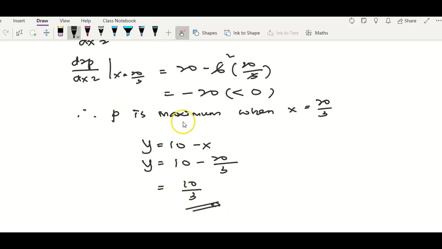So we say that P is maximum when x equals 20 over 3 and y equals 10 over 3.